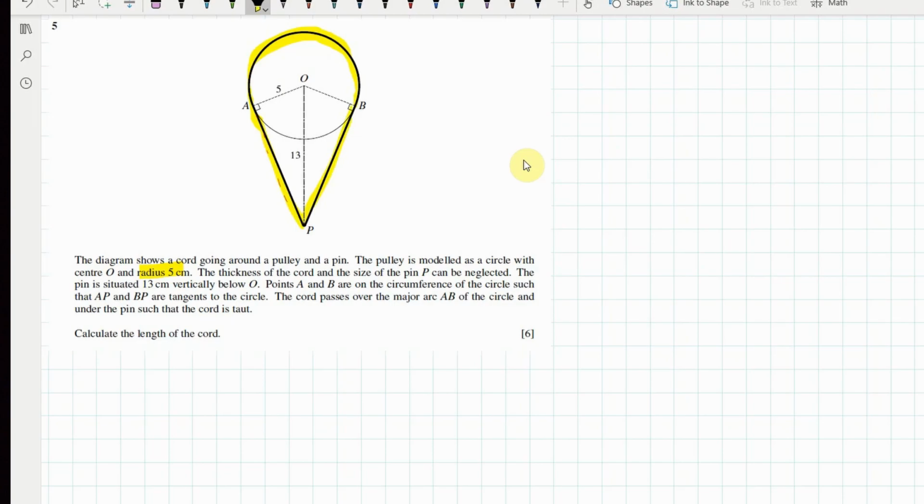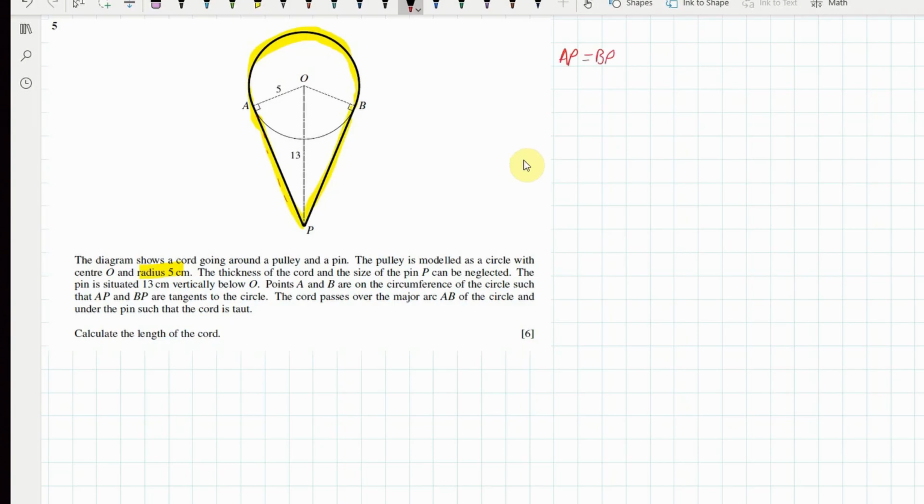Okay, brilliant. So what I think we're going to do at this point is we're going to find AP, which is also equal to BP.